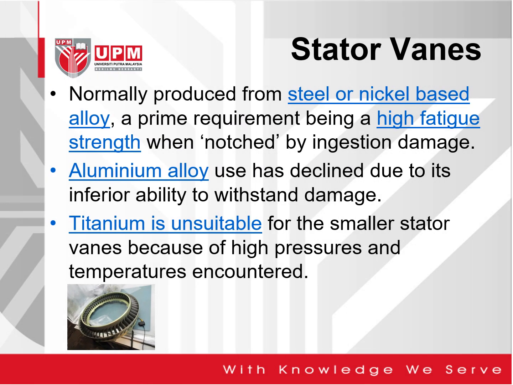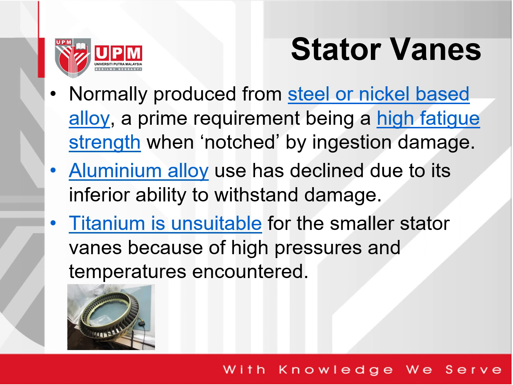What about the stator vanes? Normally, stator vanes are produced from steel or nickel-based alloy. A prime requirement for stator vanes is a high fatigue strength when notched by ingestion damage. Sometimes a foreign object goes into the compressor and it will damage the stator vanes.